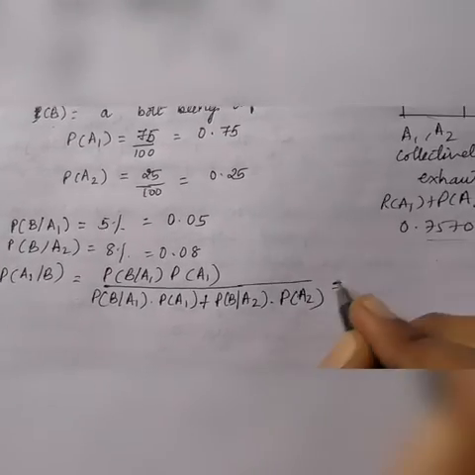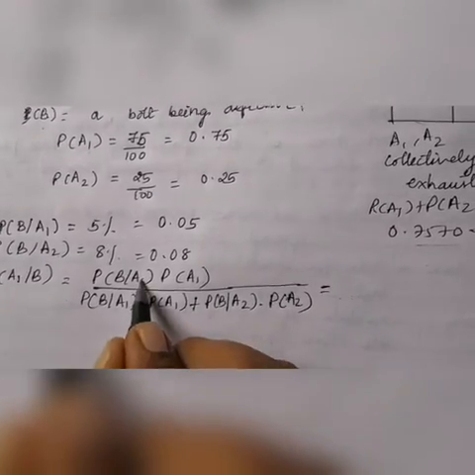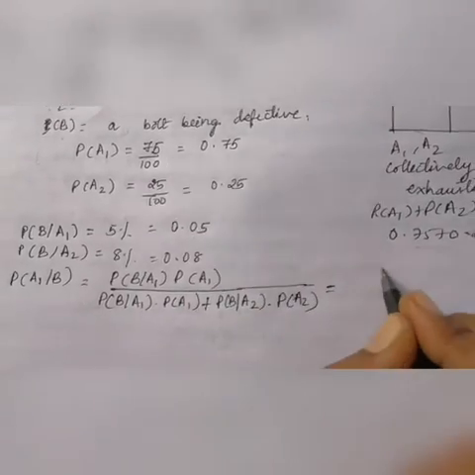Okay, now let us substitute the values. P of B given A1 is what? 0.05.